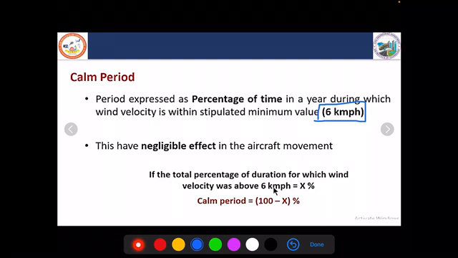So when we compute the windrose diagram, we have to neglect those percentages where the intensity of the wind is less than 6 kmph. For that purpose, in a year, first check the number of days which have a calm period, and then calculate the percentage of days belonging to the calm period.